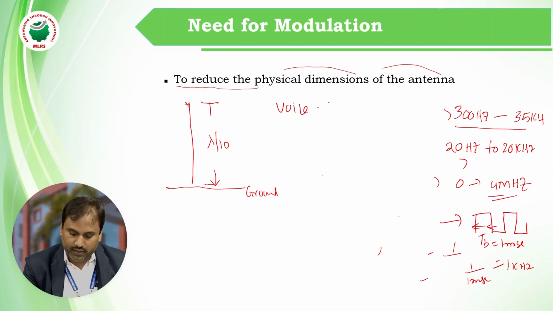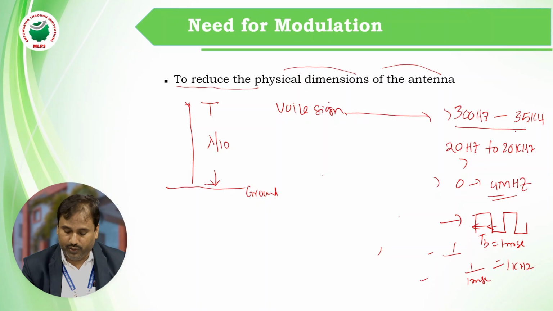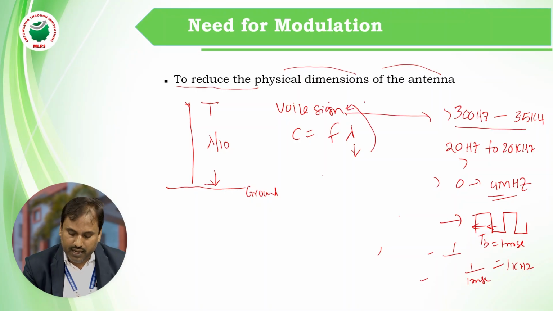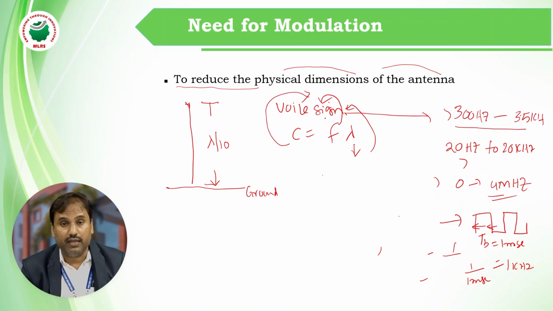When we are transmitting our voice signal, the voice signal frequency range is 300 Hz to 3.5 kilohertz, and we know the relation between signal frequency and the velocity of the signal: c equals f lambda, where lambda is the wavelength of the signal, f is the frequency of the signal, and c is the speed or velocity of the signal.